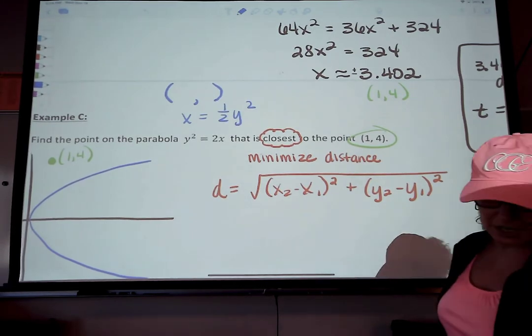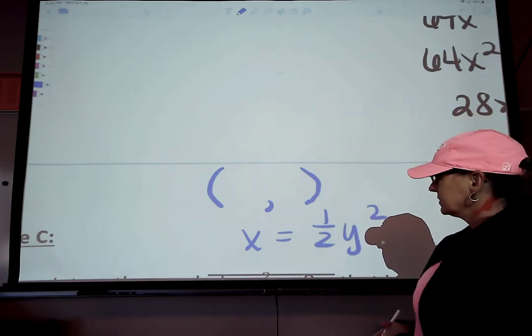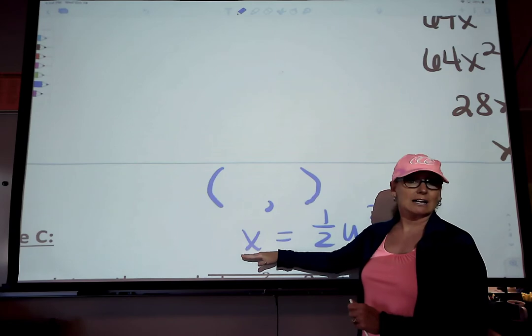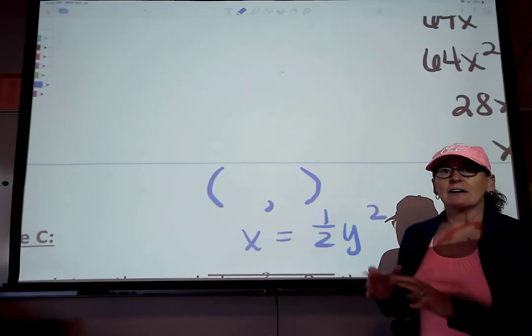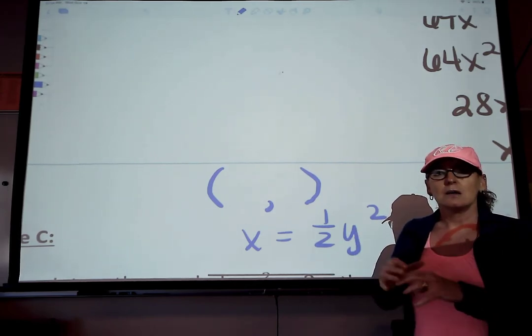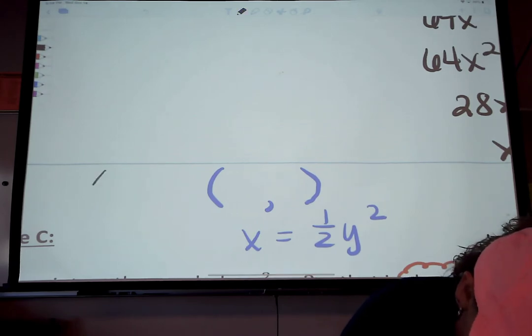Now, let's look at it right here, because I've got one of my variables isolated, okay? So let's look at this. Now think about this. If I were going to ask you to make a table of values, here's what you would do.